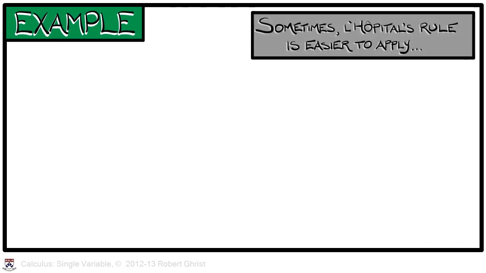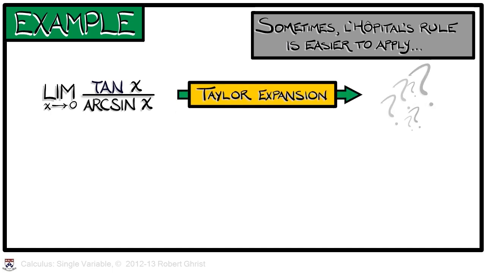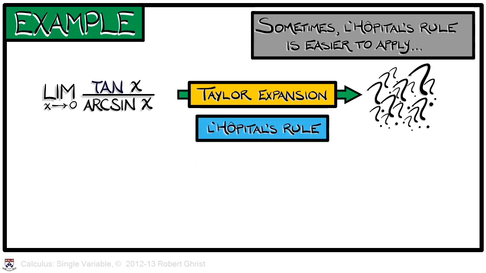Sometimes L'Hopital's rule is much easier to apply than a Taylor series. For example, if we take the limit as x goes to 0 of tangent of x over arcsine of x, well, I don't know the Taylor series for tangent and arcsine off the top of my head, and it might take a lot of work to figure that out. So let's apply L'Hopital's rule.